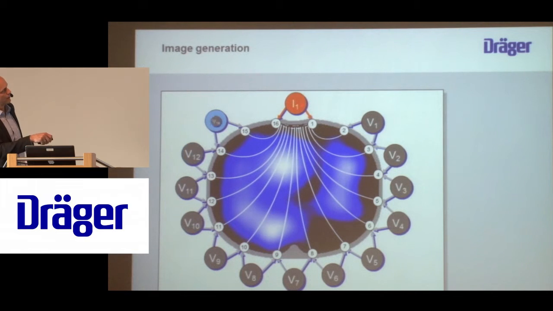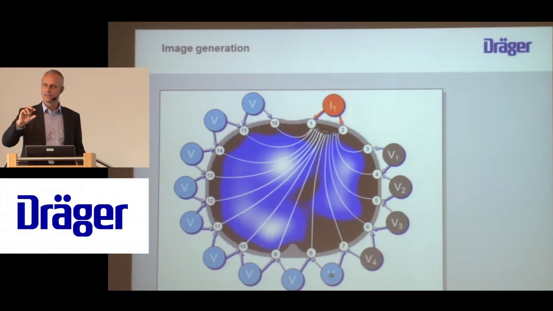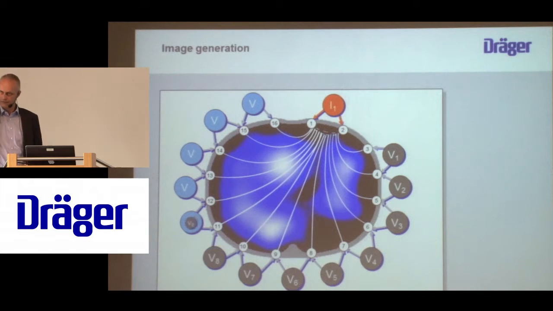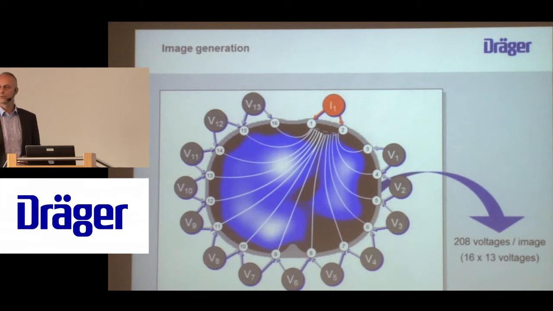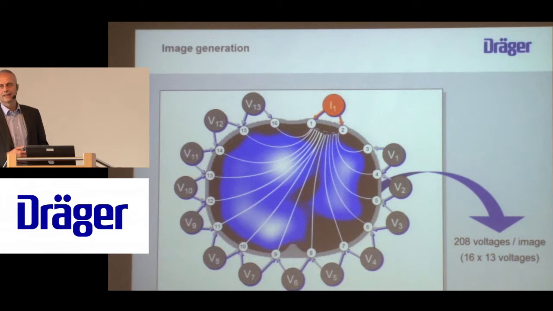So with one location of the current injection, we are creating 13 voltages. And then we repeat the same thing at a different electrode pair, and very quickly rotating around the body, doing that. And after one complete rotation, we have collected 208 voltage measurements that are used to reconstruct one image.